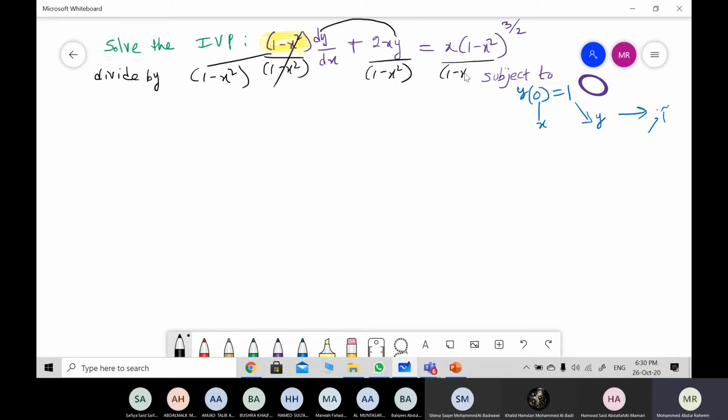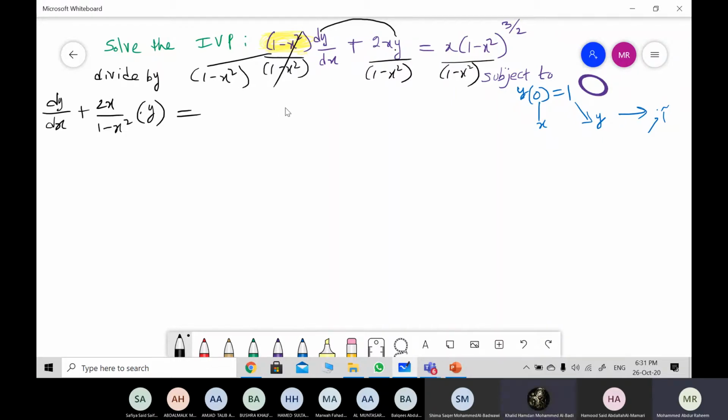So the final equation will be dy over dx plus, and this same number. See, I write like this. Why do I write like this? Because I need this only as a P. You understand?